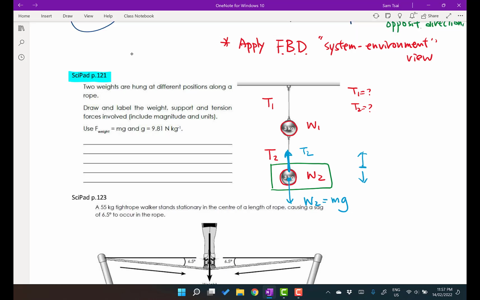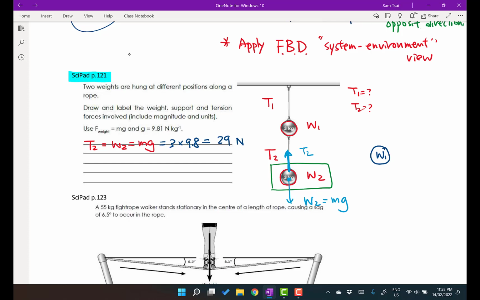So T2 will equal W2, which is mg. If we put the numbers in, it would be 3 kg times 9.8, and from the calculator it equals 29.4 Newton.